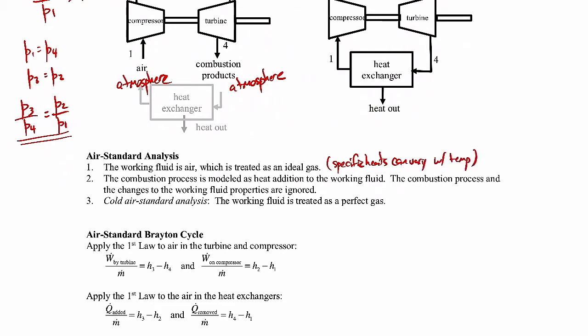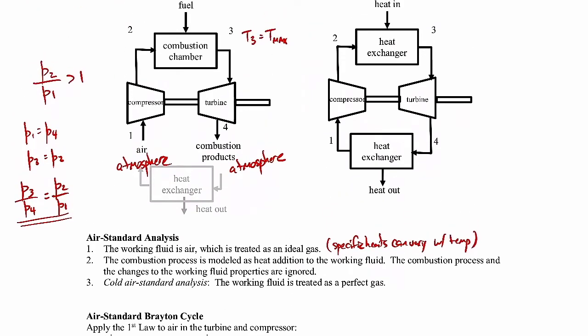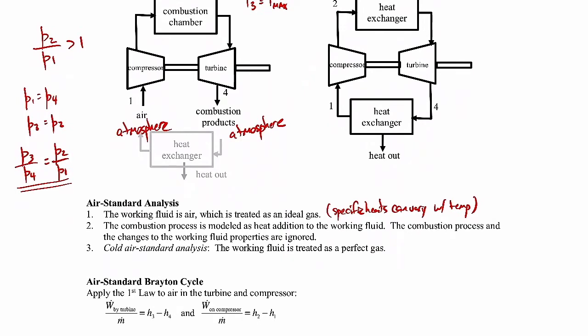The combustion process up here in the combustion chamber is modeled as a heat addition to the working fluid, a constant pressure heat addition. We won't model the chemistry involved in that combustion process. We won't worry about the fact that the air-fuel mixture has a different set of properties than the air coming in. This is a simplified analysis. And then in some cases, we do a cold air standard analysis. In that particular type of analysis, the specific heats are constant.